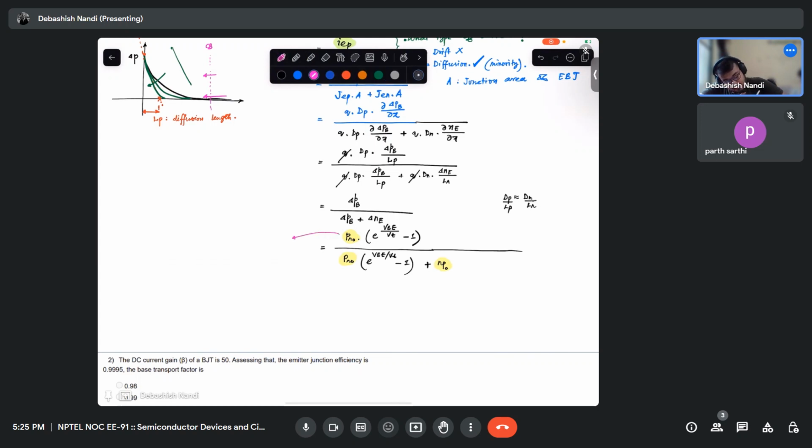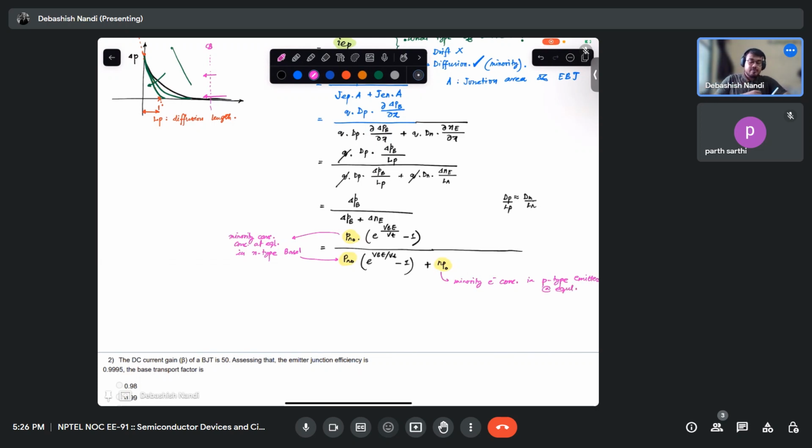What is this? This term and this term: this is your minority carrier concentration at equilibrium in the N-type base, and this is your minority electron concentration in the P-type emitter at equilibrium.